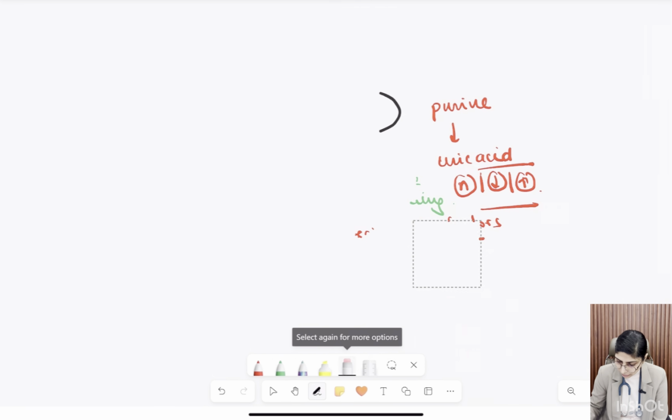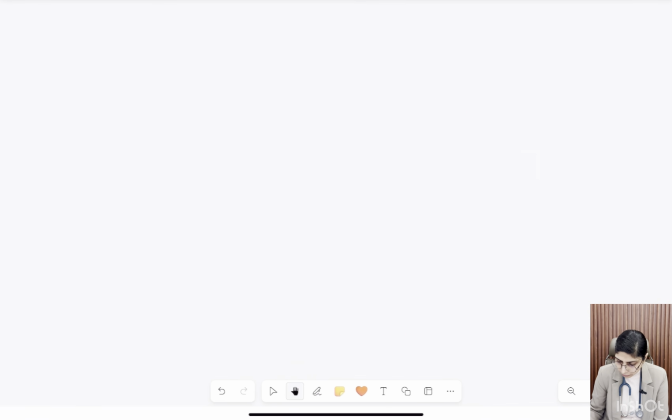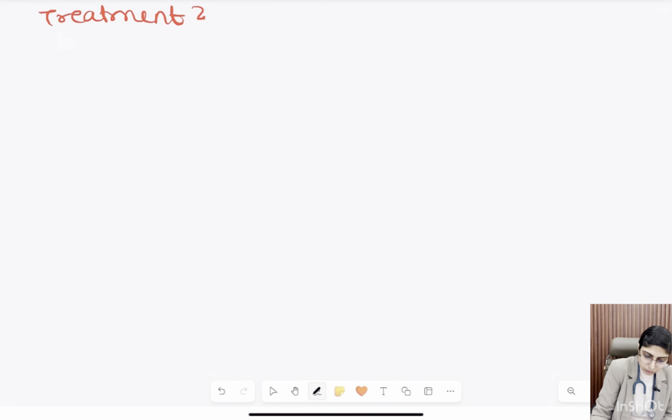I hope you all have taken a note of all of this. Gout is not a very big topic. Okay. Study smartly. If you study smartly, you will be more efficient. So be smart as a medico. Be efficient. Use less time for more work.